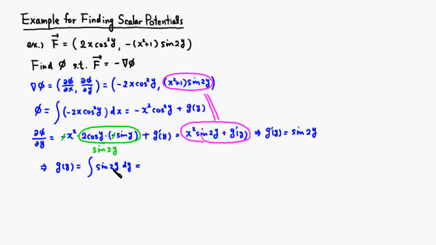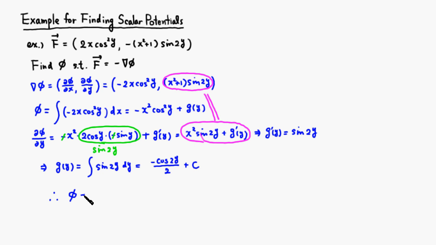The antiderivative of sine is negative cosine of 2y, and then you would have to divide by 2 because it's 2y. Then plus some constant c. So therefore we just found the phi function.